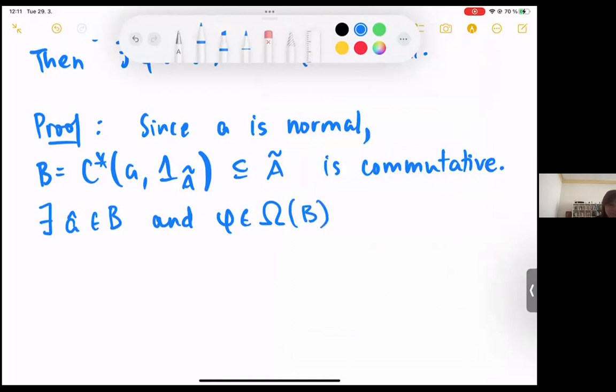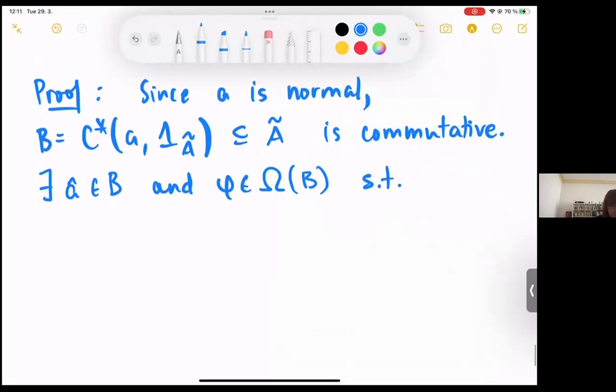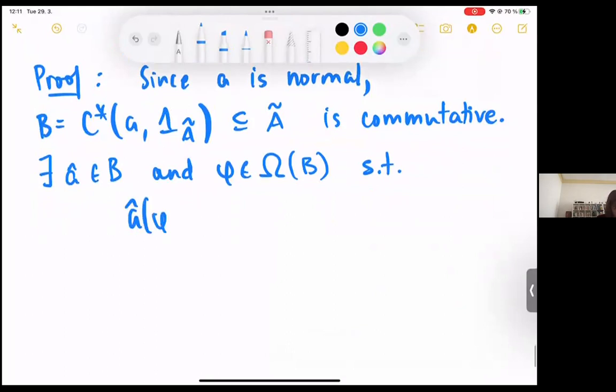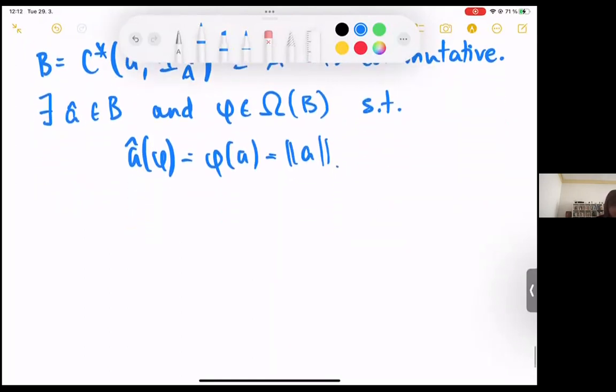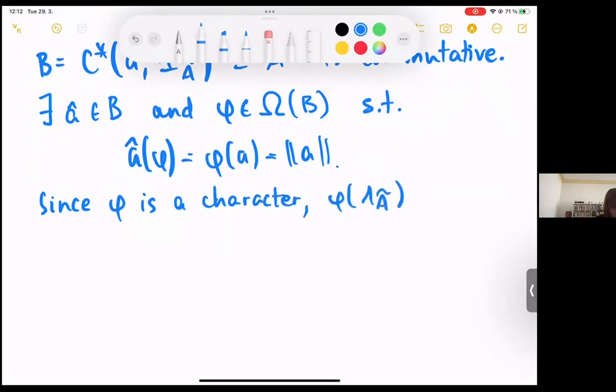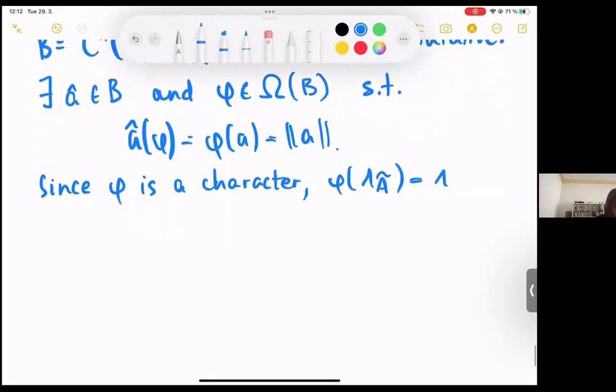in the character space of B, such that phi of A is the norm of A. And since phi is a character, it's multiplicative, which means that phi of 1_A is 1.